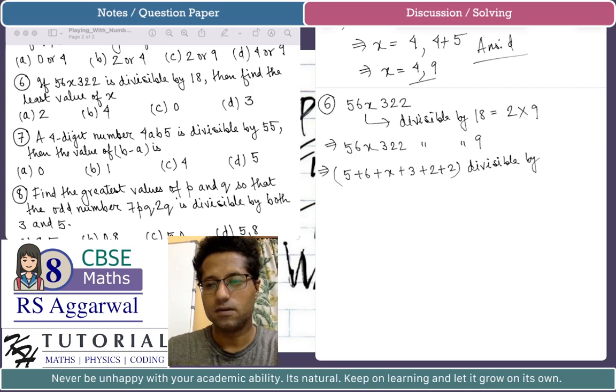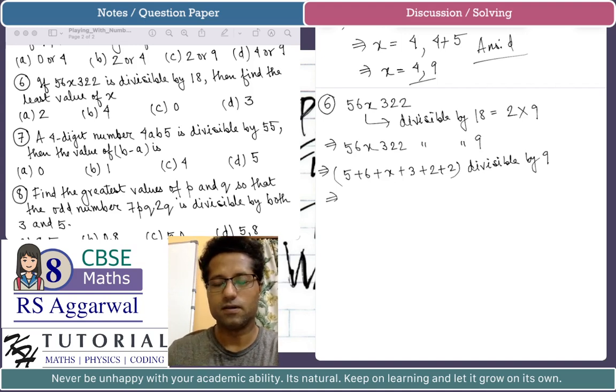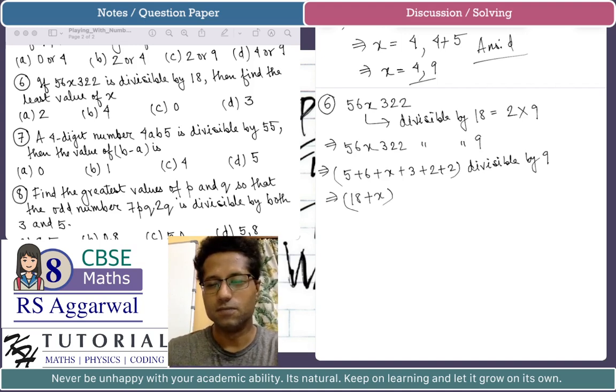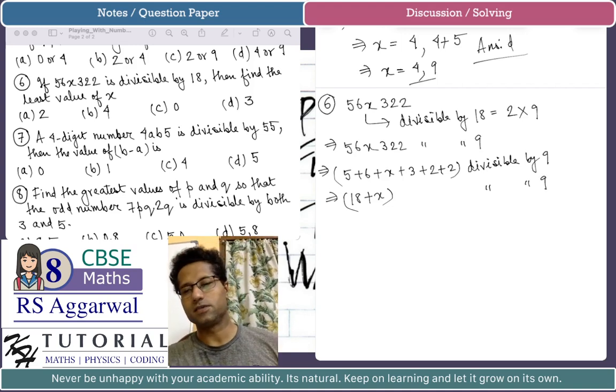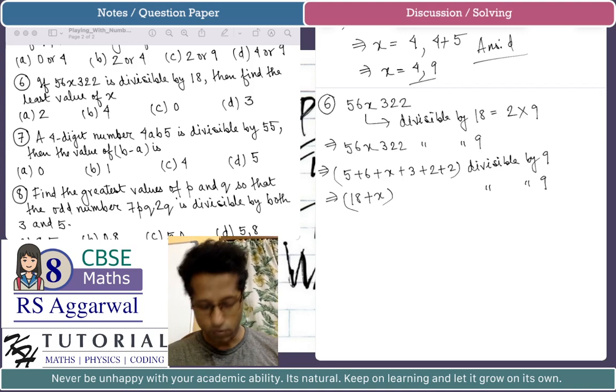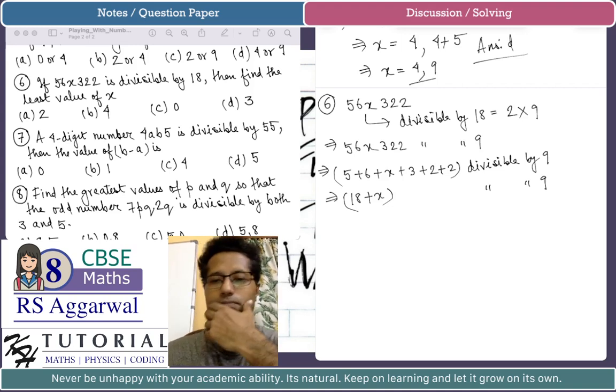Now if we add the numbers, we have 11 and 14 and 16 and 18. We have 18 plus x is divisible by 9. So 18 plus x has to be divisible by 9. So what can the values of x be? x can be 0 because 18 plus 0 is 18, which is divisible by 9.